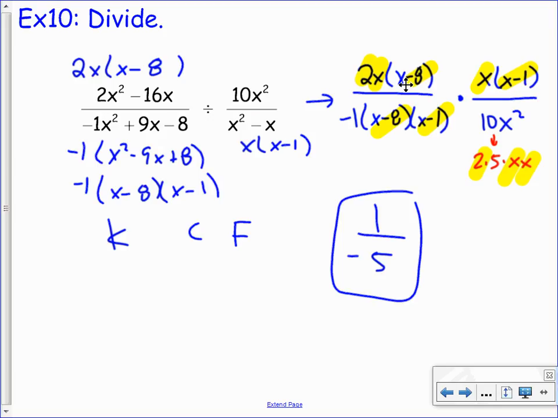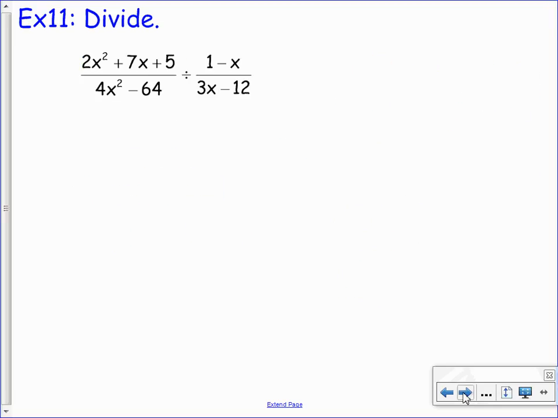You're not feeling this? Yeah, keep, change, flip. That's good. Okay, I'm going to go straight to the point now. Remember, it's keep, change, flip.